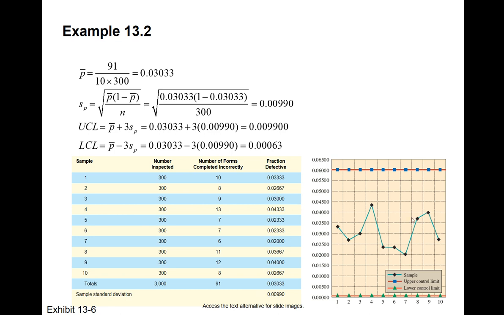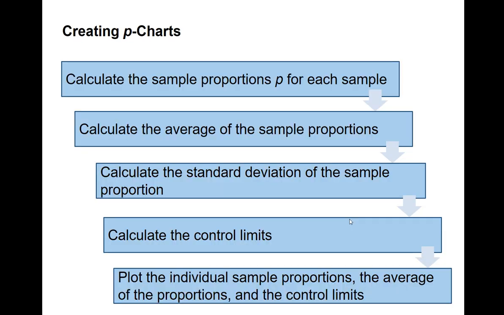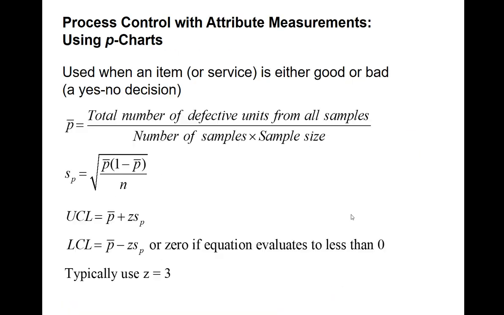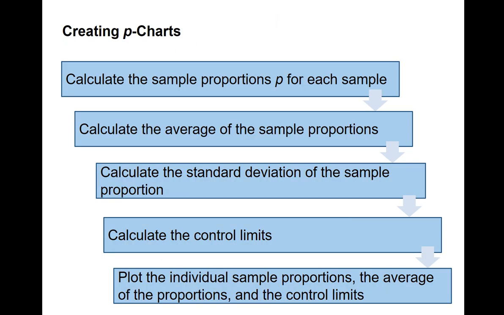So we have all of the numbers, and we will be able to plot all the sample numbers in the control chart. This is a P chart, and according to the interpretation, you will be able to tell whether the process is good or not.